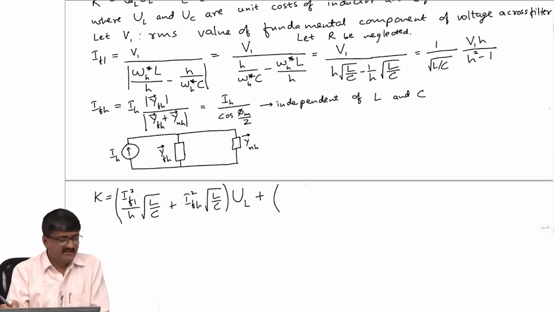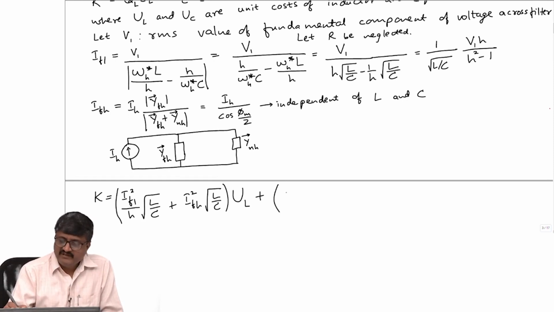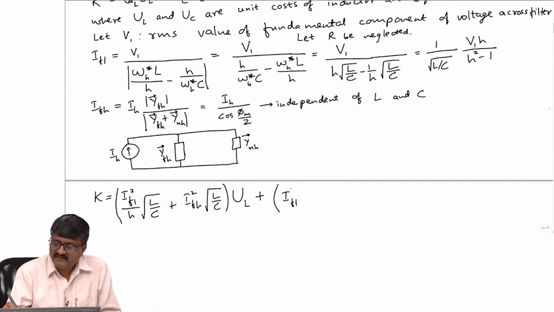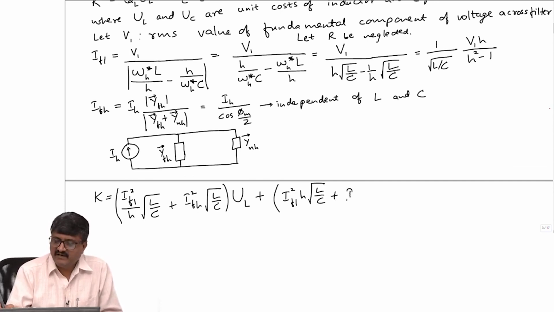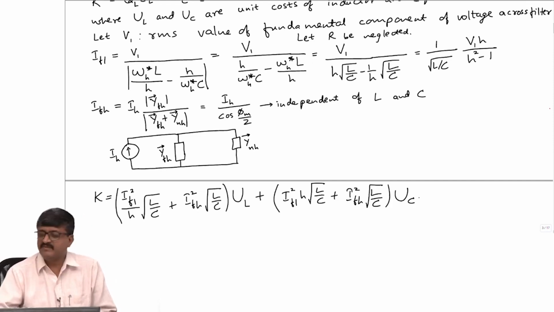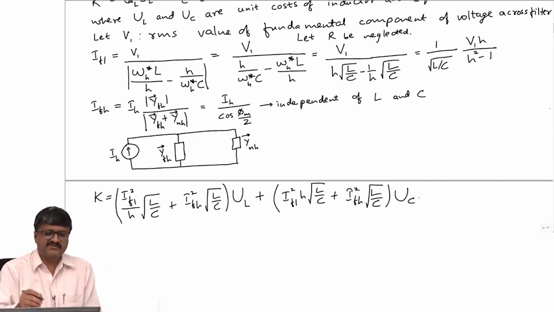Plus the reactive power rating of the capacitor, I1 squared H into root L by C plus IH squared into root L by C, into UC. So this is the cost of the capacitor. Now I will substitute the expression for I1 that we just derived in this expression for cost.